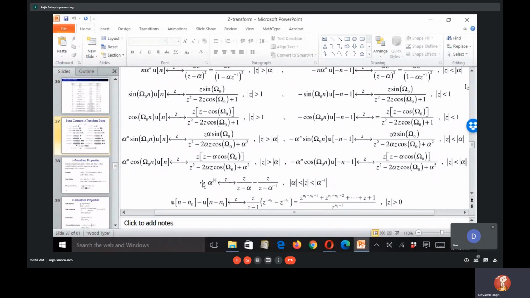This magnitude of alpha can be less than 1, it can be greater than 1. So all of you take it as an assignment to derive this and look at the magnitude of alpha, and see what will happen when it is greater than 0 and less than 1, and if it is greater than 1, what happens?